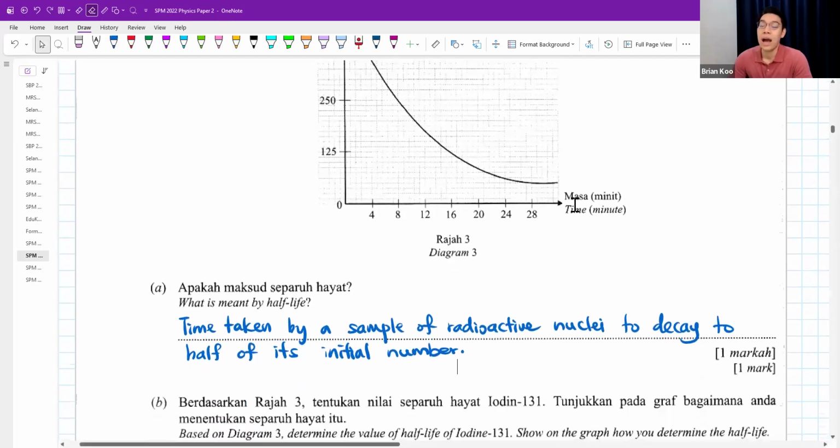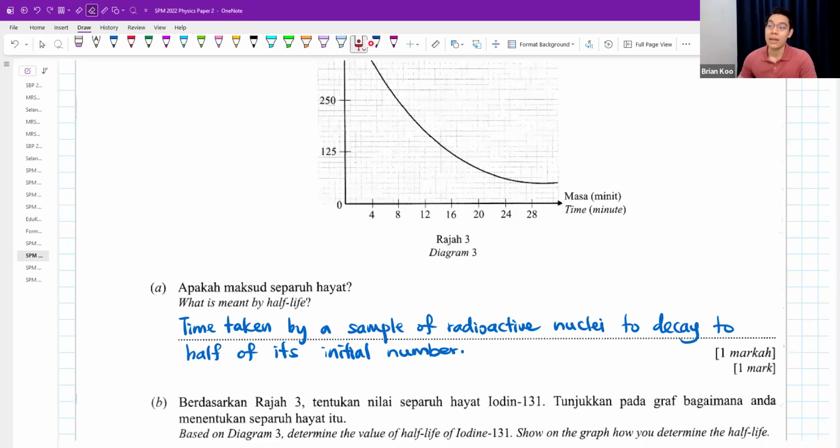Okay. Other ways that they will also accept is the time taken for the number, instead of sample. A sample meaning, let's say I have a bowl of radioactive nuclei. When half of it decays, the time taken for that is called half-life. So instead of sample, you can also say the number of radioactive nuclei.